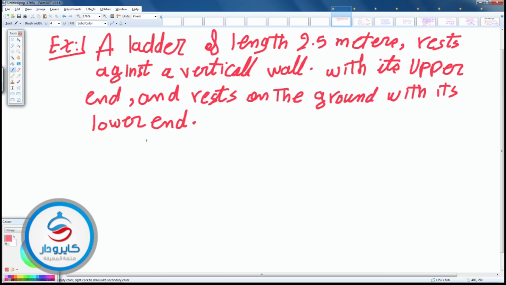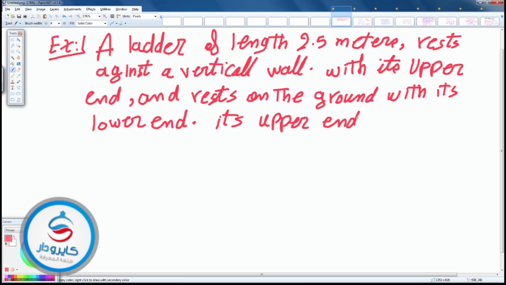Nice. Its upper end slides away. We just need to imagine the position or the kind of movement of the ladder.